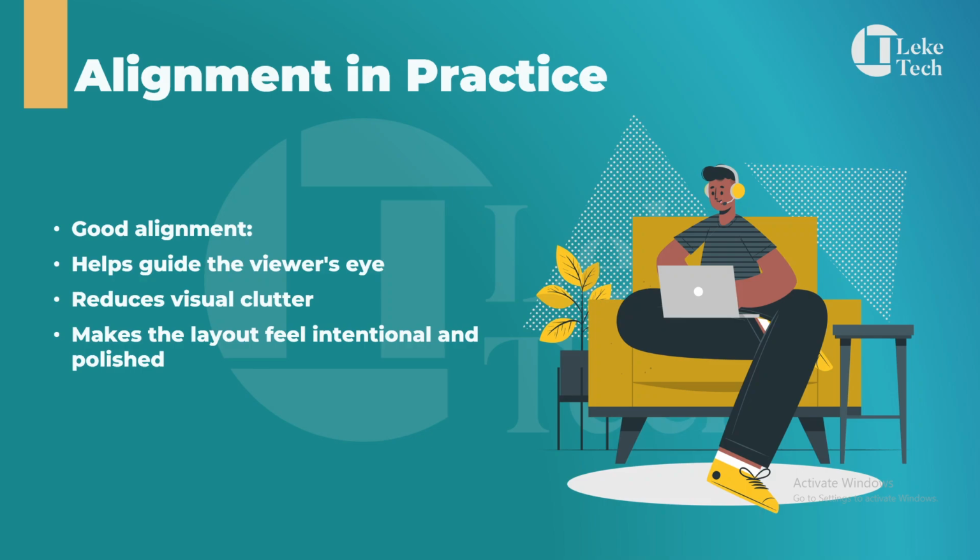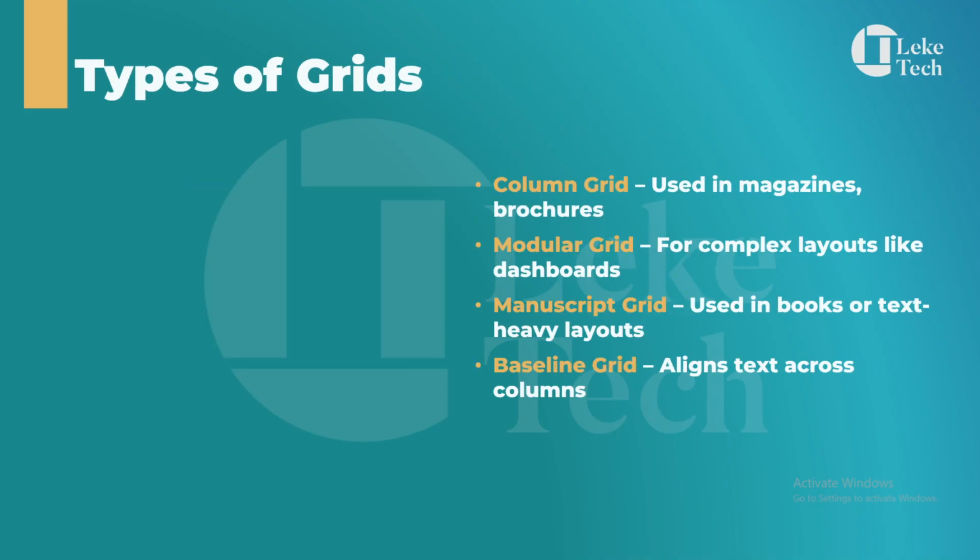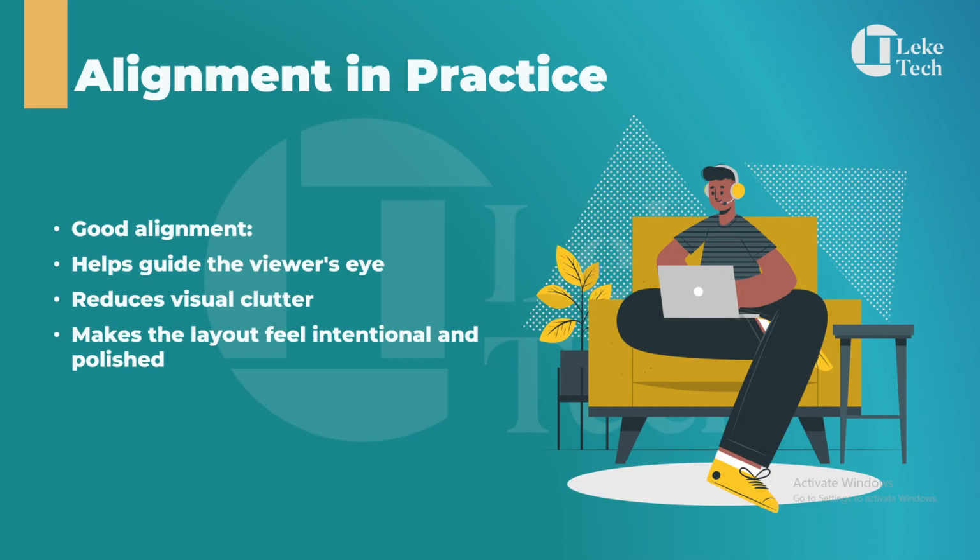Alignment. Did we skip something? Go to types of grid. Alignment in practice. Good alignment. Alignment helps guide the viewer's eye. We said grids are good for alignment. So why alignment? Because alignment helps guide the viewer's eye. We spoke about visual hierarchy before, right?